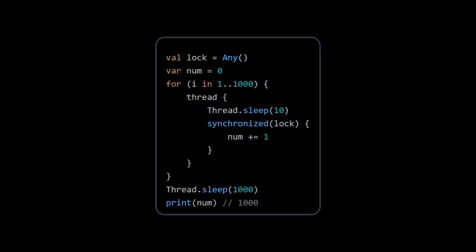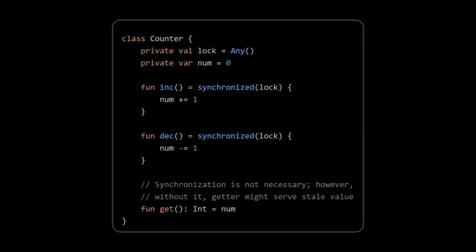The following example shows how to use synchronization to ensure that the num variable is incremented correctly. In real-life cases, we often wrap all the functions in a class that need to be synchronized with a synchronization block. The example below shows how to synchronize all the operations in the counter class. In some classes, we have multiple locks for different parts of a state, but this is much harder to implement correctly, so it's much less common.